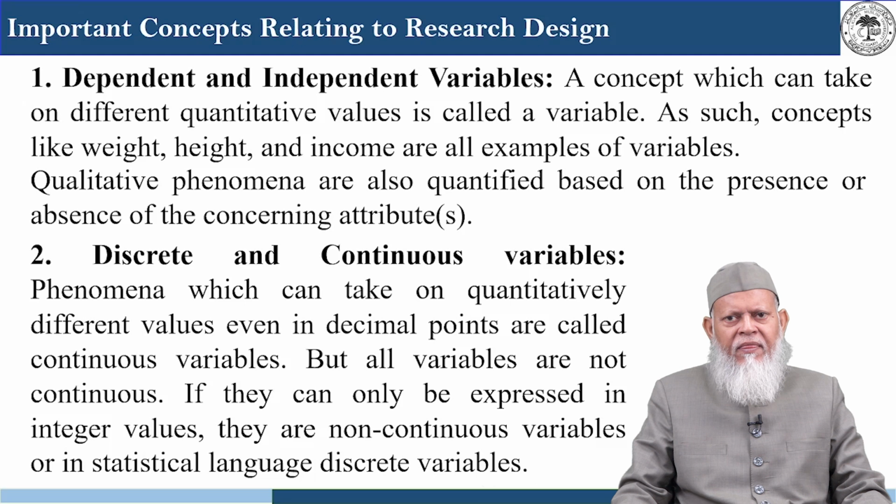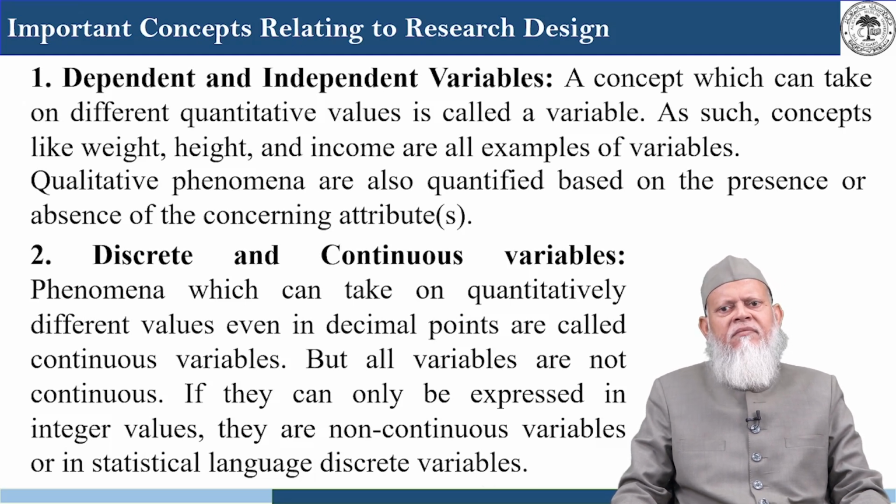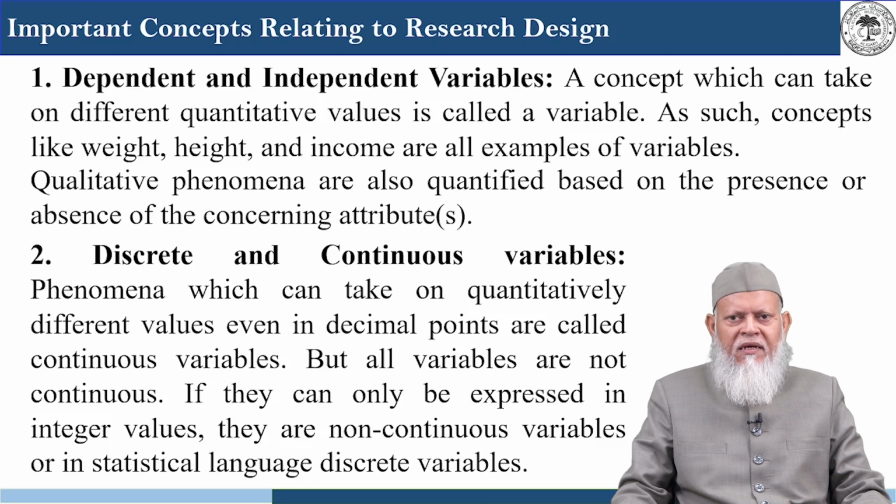Or if we say that poverty breeds crime, then again poverty is an independent variable, whereas crime is the dependent variable, because poverty is making crime happen through the statement that we have undertaken.